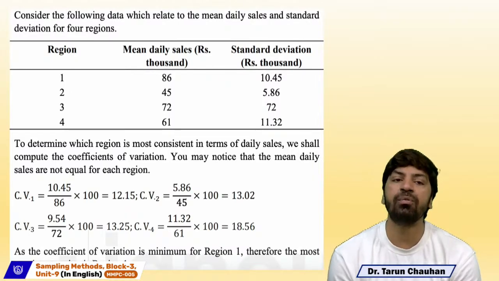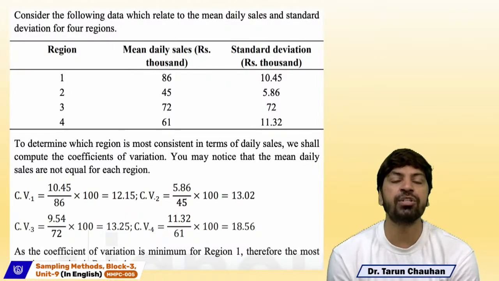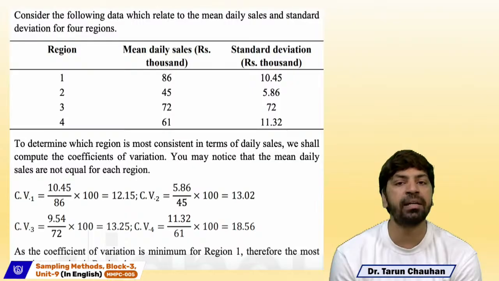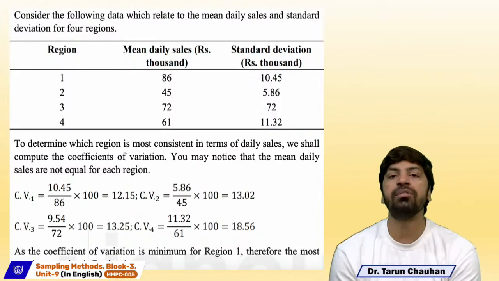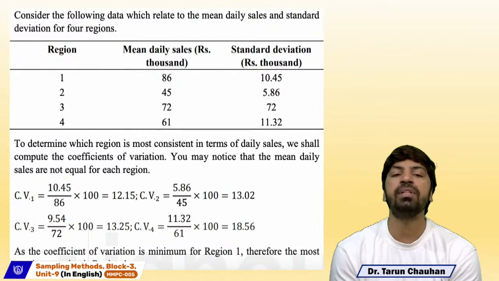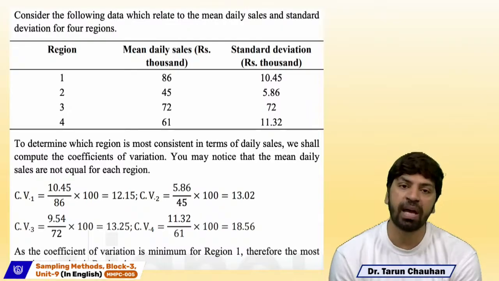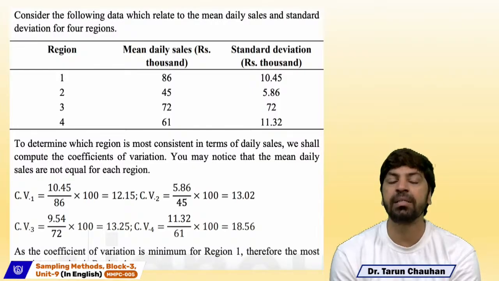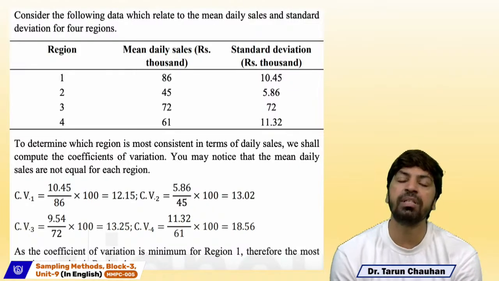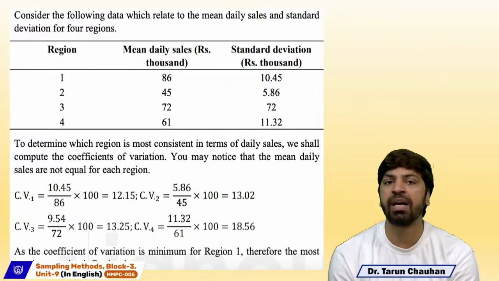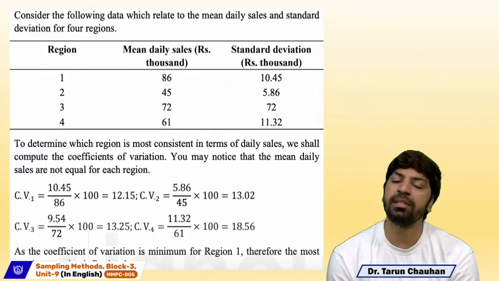So we need to calculate the coefficient of variation of the four regions. For the first, that is standard deviation by mean into 100, so 10.45 by 86 into 100, which equals 12.15. The same procedure is followed to calculate the coefficient of variation in region 2, that is standard deviation 5.86 by 45 into 100, where 45 is the mean, that is 13.02.